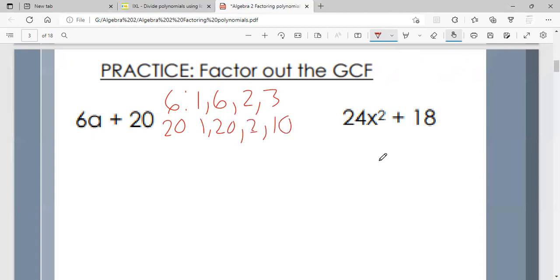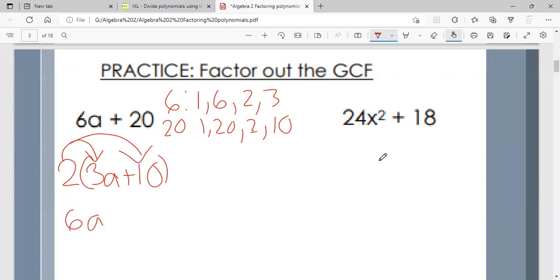So the greatest common factor is 2. So you pull that out, get a set of parentheses, 3a plus 10. Now to check your work, just use the distributive property and put it back in. 2 times 3a is 6a, 2 times 10 is 20. And voila.